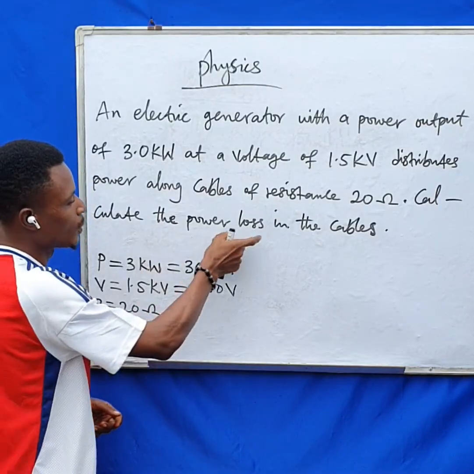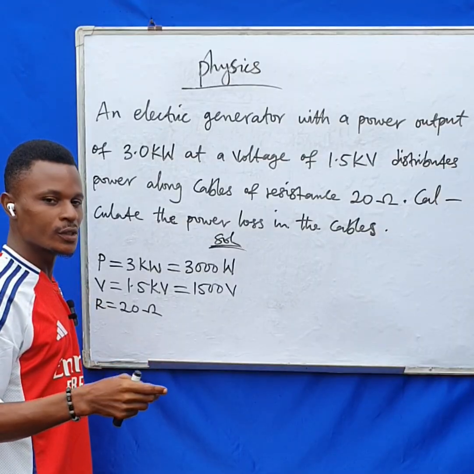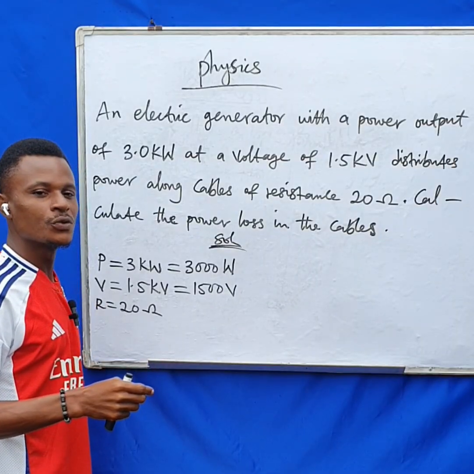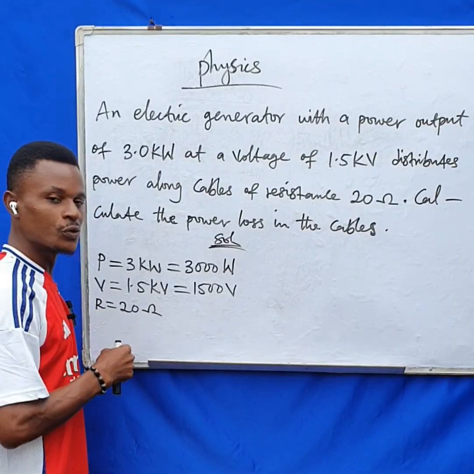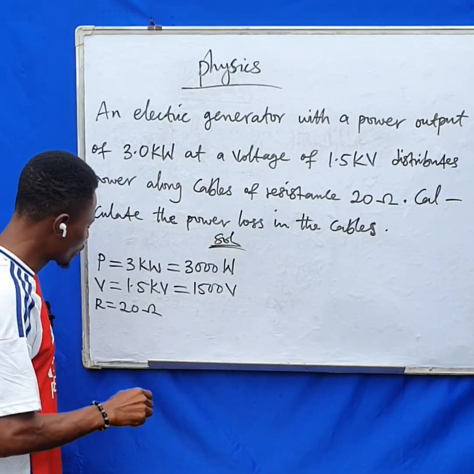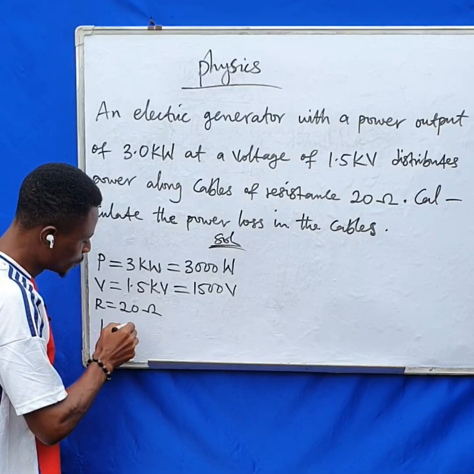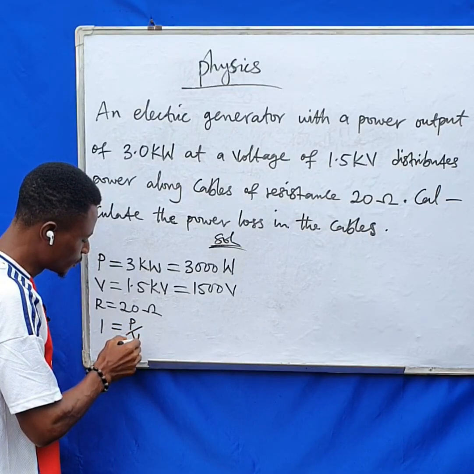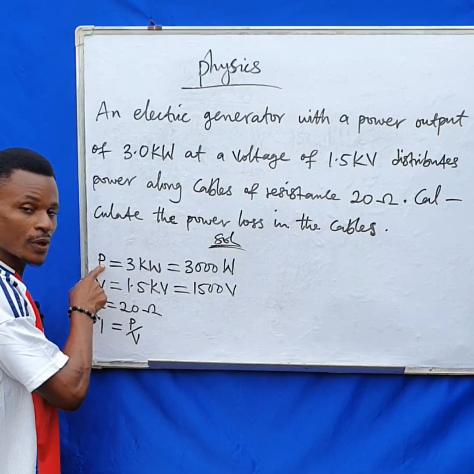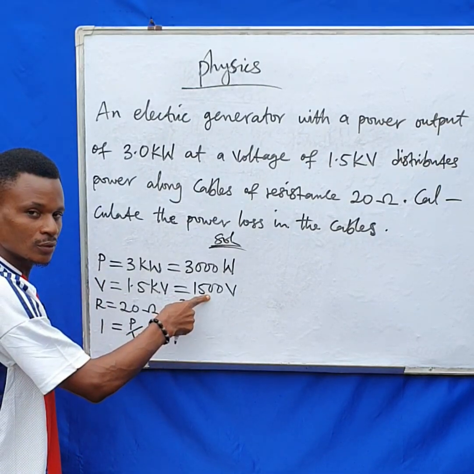We are asked to calculate the power loss in the cables. Before you can calculate the power loss in the cables, first of all, you need to calculate the current that is flowing through the cables. The formula you need to calculate the current is current I is equal to P over V. This P here is this power, and the V here is the voltage. You understand?